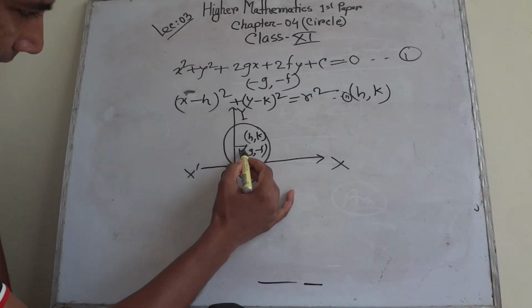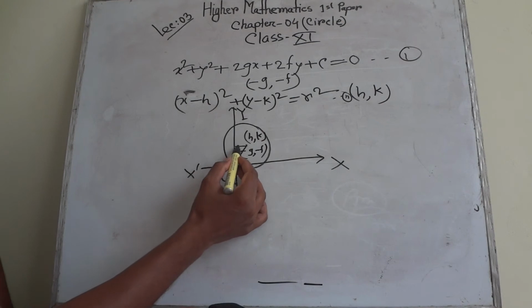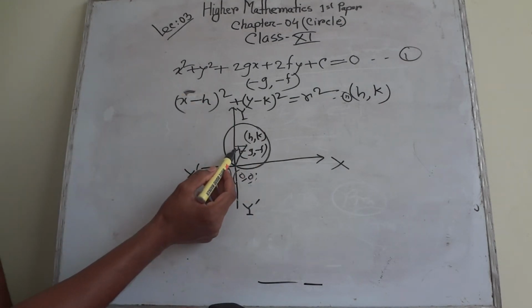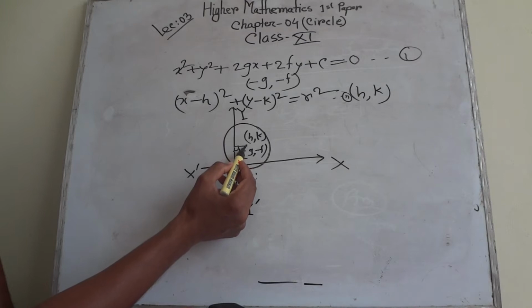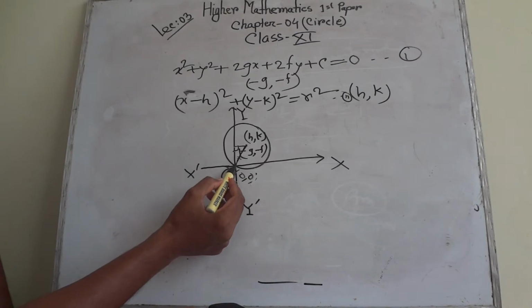Now draw a triangle. This is a right angle. If this is a right angle, then this will be the hypotenuse, and this is a radius. Also this is a radius. Clear?